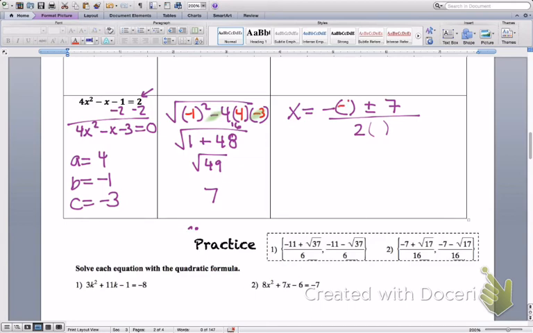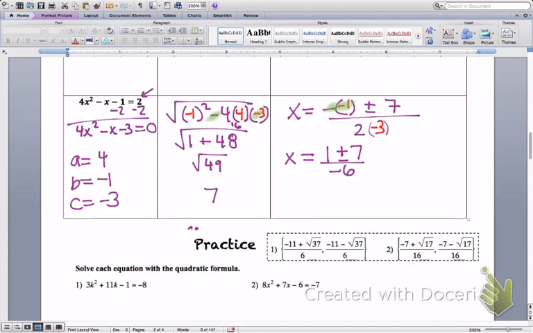And my a value is 4, and my c value is negative 3. Sorry, it's having a little difficulty writing here. All right, so I've set it up. Now I'm going to clean it up as much as possible to get my final solutions. So I have x equals, this double negative here becomes a positive 1, plus or minus 7, all over 2 times negative 3, which is negative 6.